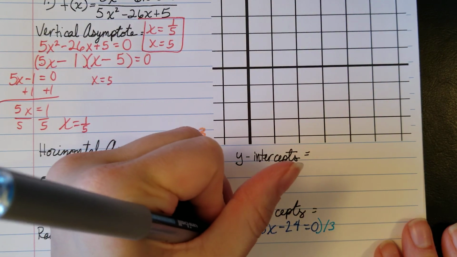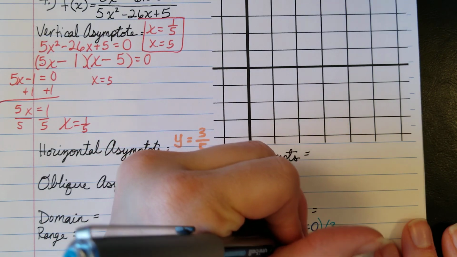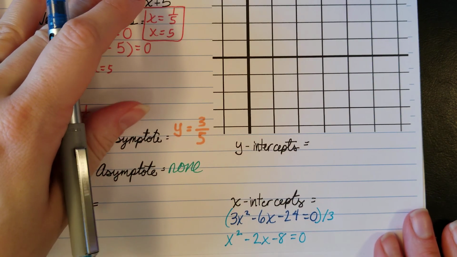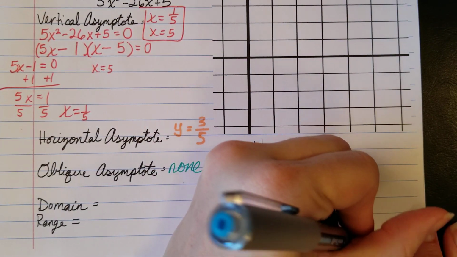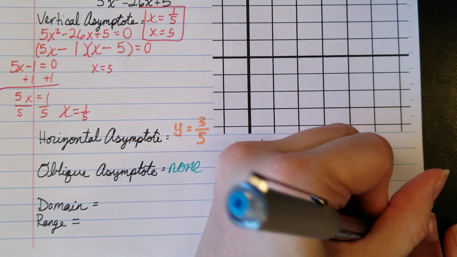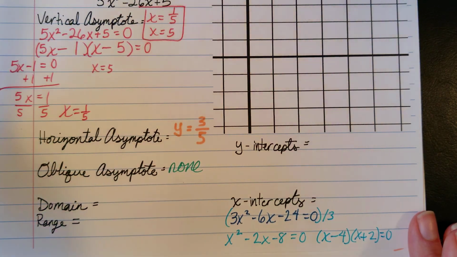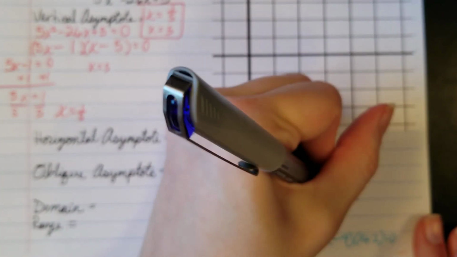So that would be x squared minus 2x minus 8 equals 0. And then we could factor that. That would be x minus 4 times x plus 2. So my x-intercepts then are 4 and negative 2.